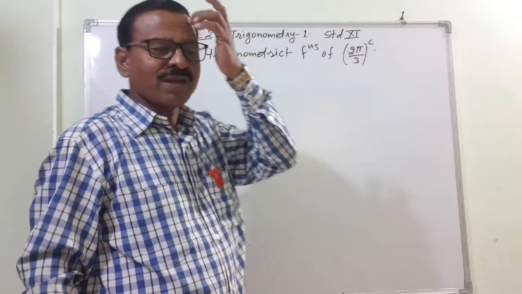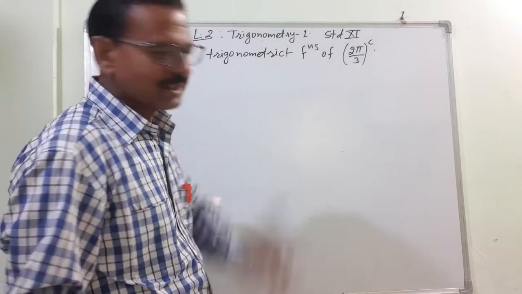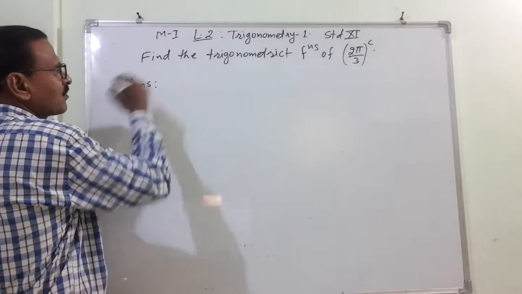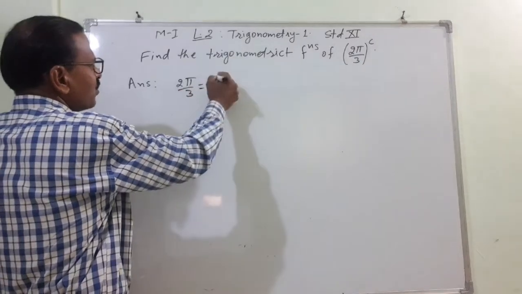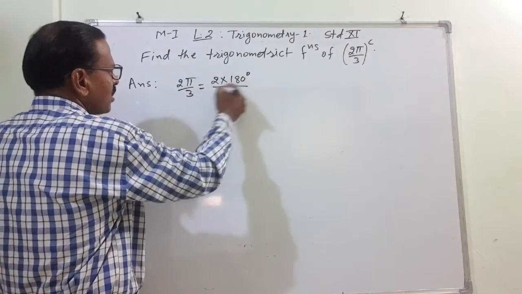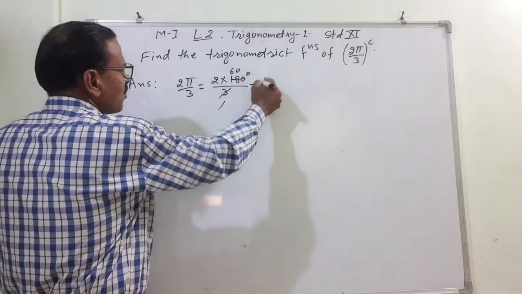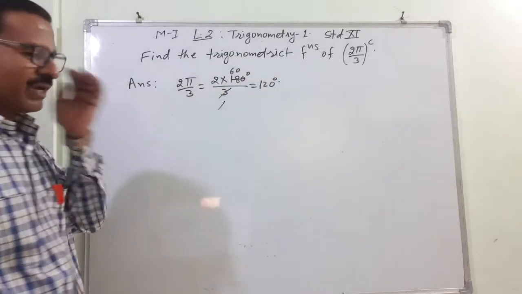In lesson number 1 it is taught how to convert into degrees. Here now I will take the opportunity. 2 pi by 3: 2 pi means 180 degree, so 2 times 180 upon 3, that is 360 upon 3, that is equal to 120 degree. So 2 pi by 3 is nothing but 120 degree.